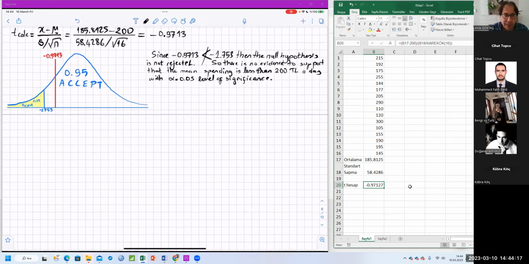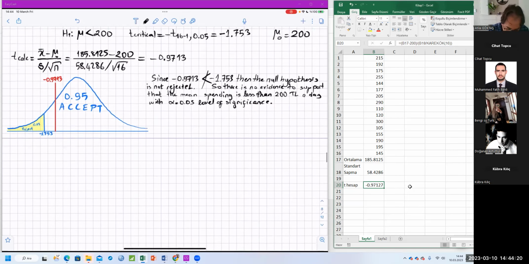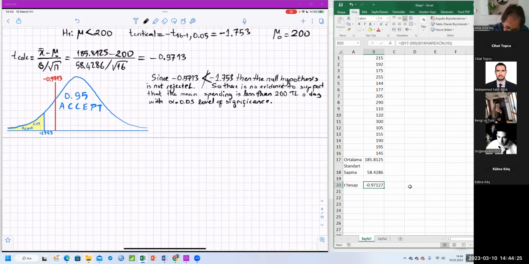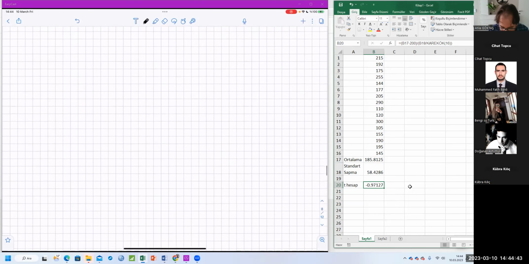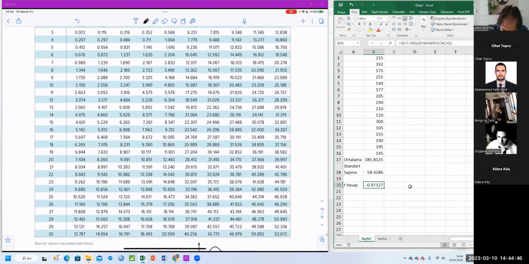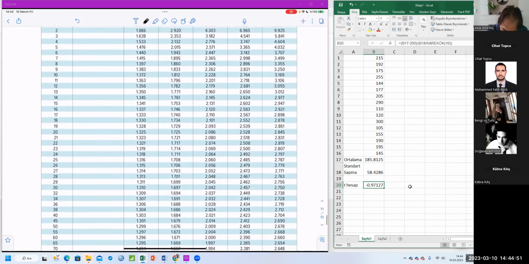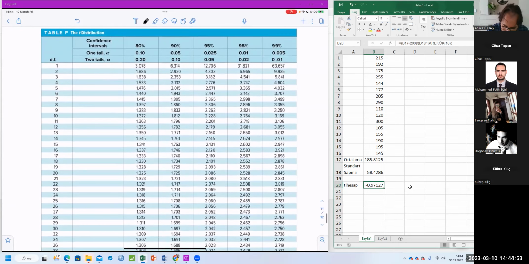So let's construct the 95% confidence interval. We need to also bring the critical value T with n minus 1 and alpha divided by 2, which is T15 and 0.025. I can bring this value from the table. This is the chi-square table, not this one. That's the T distribution table.